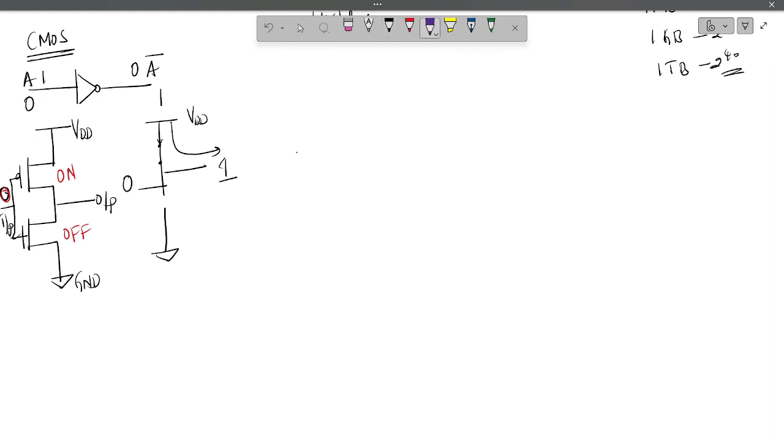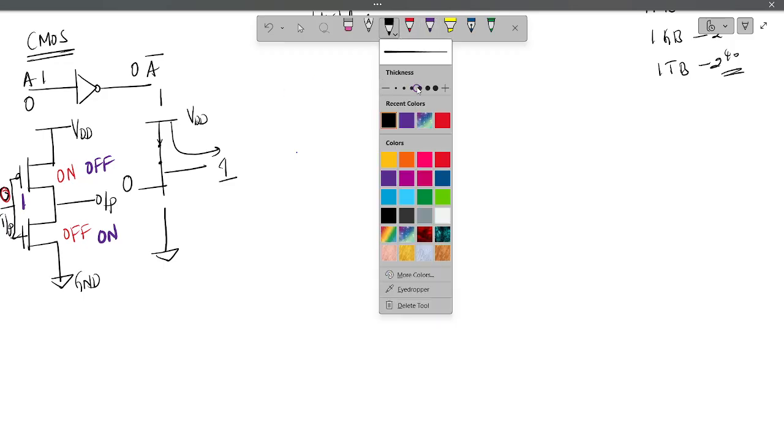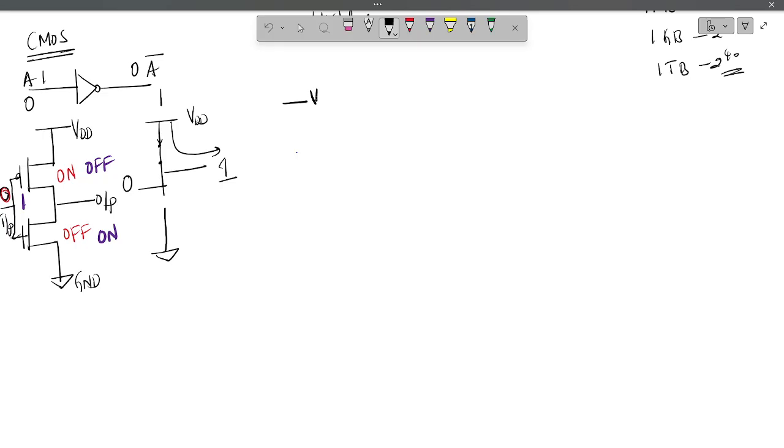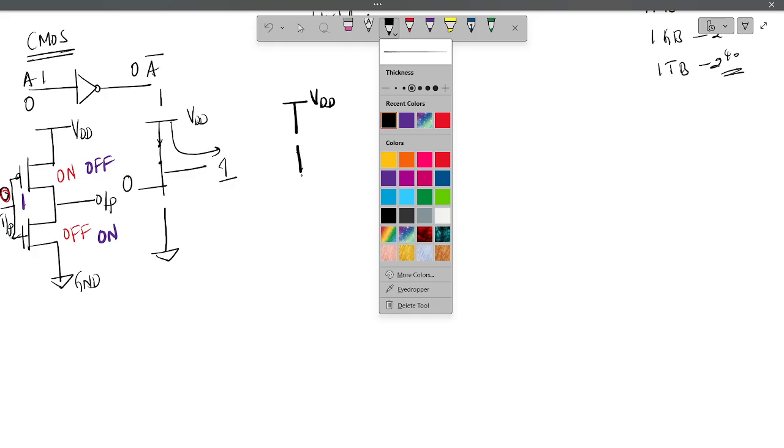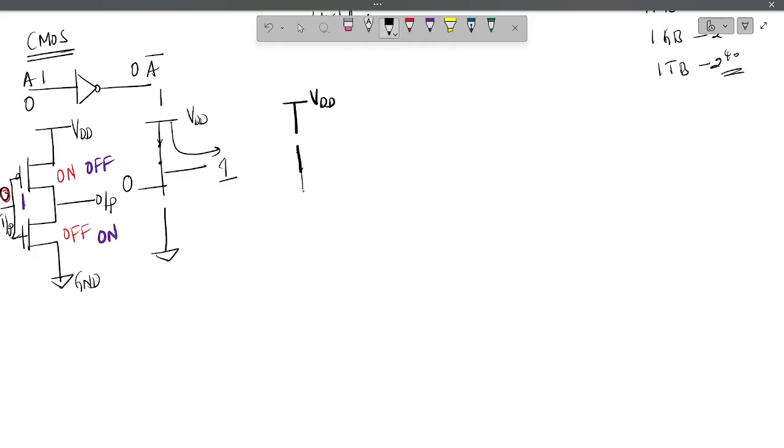Similarly, suppose you give input as 1. Input as 1 means the PMOS will be off and the NMOS will be on. So the PMOS is open and the NMOS is closed.